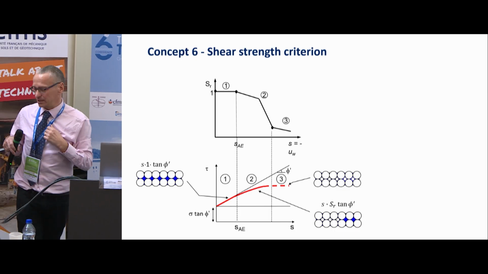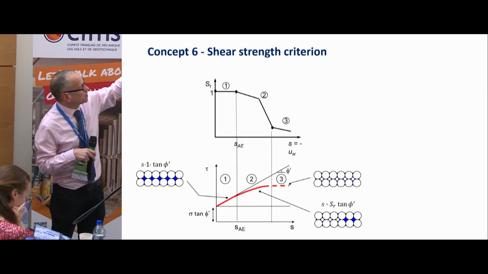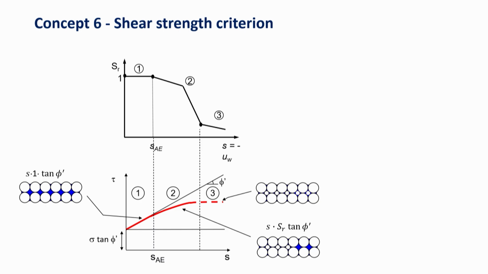And now we can combine the two. So the shear strength on the vertical axis, the suction on the horizontal axis. When the suction is 0, there is only the component associated with the total stress. Then below the re-entry suction, I'm following the effective stress. So you see that you follow the slope inclined of φ′.